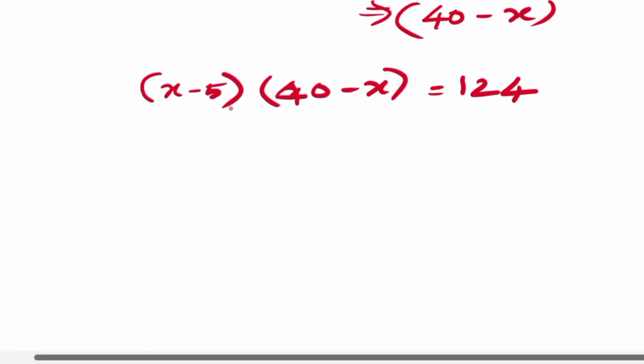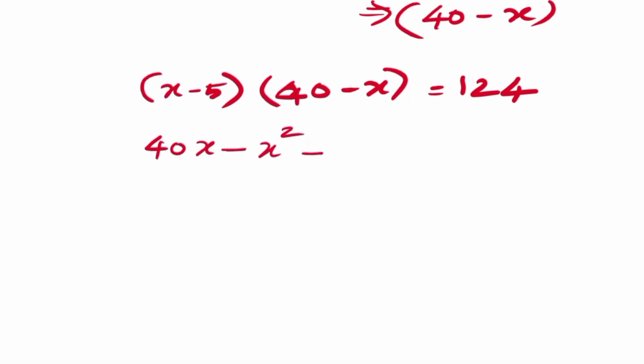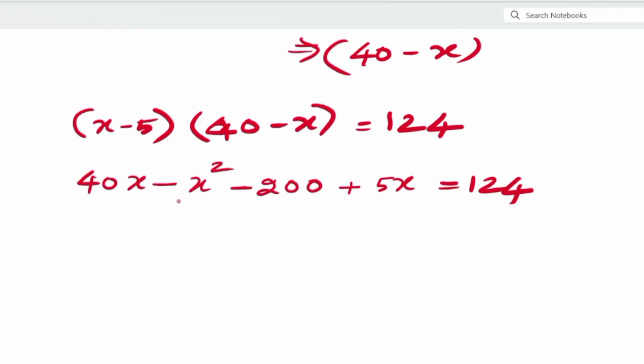What is X into 40? Similarly, it's 40X minus X square minus 200 plus 5X, which is equal to 124. So 40X plus 5X will be 45X minus X square minus 200 is equal to 124.